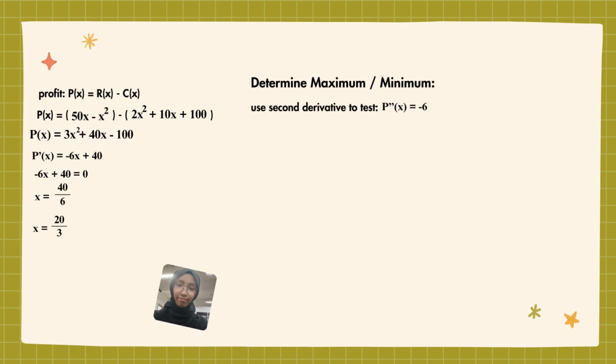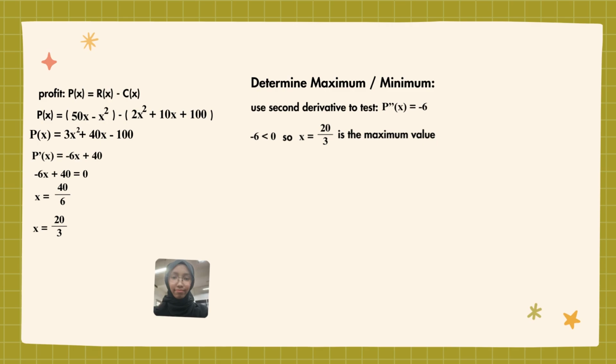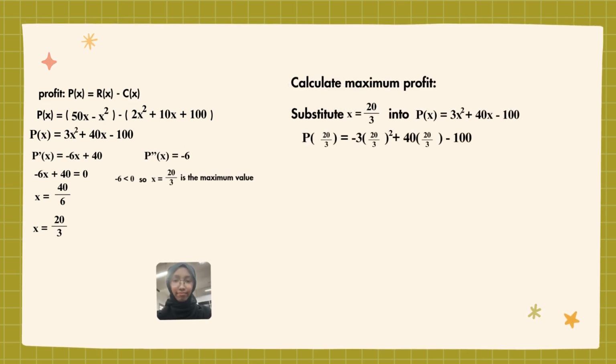Then, we need to determine maximum or minimum. Use the second derivative test. If the value is less than 0, it means that 20 over 3 is the maximum value. Lastly, calculate the maximum profit by substituting 20 over 3 into P(x).